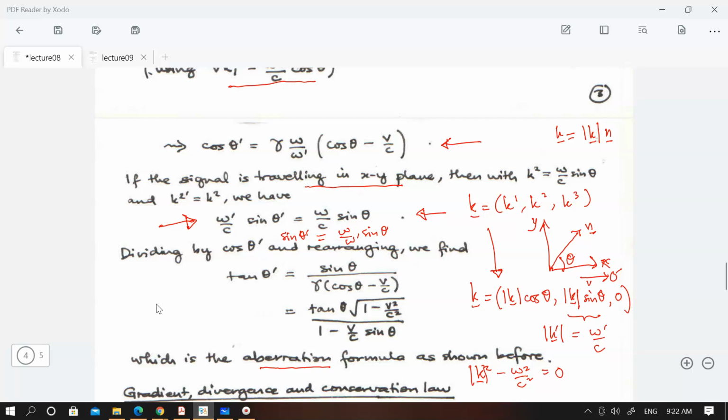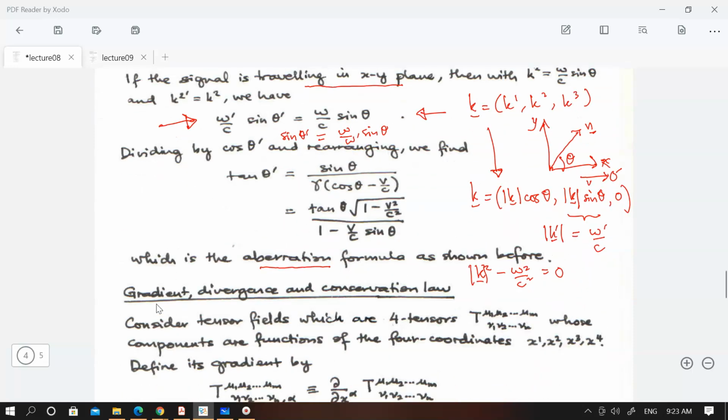I can't remember which lecture that was. So essentially we reproduce the aberration formula by simply using the components of your K, which is now assumed to be in the xy plane.